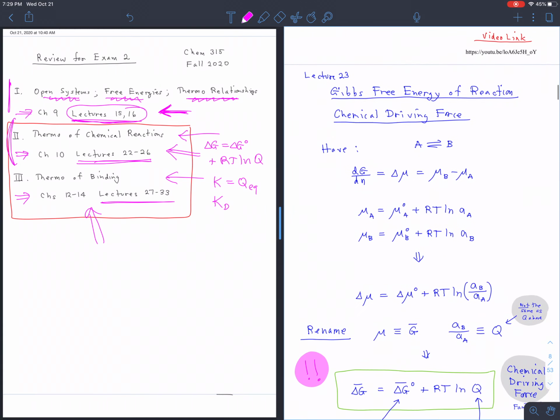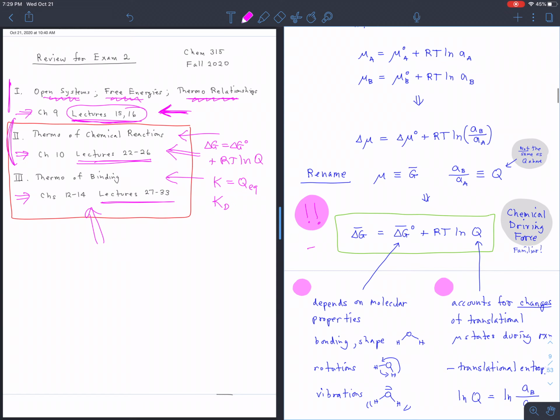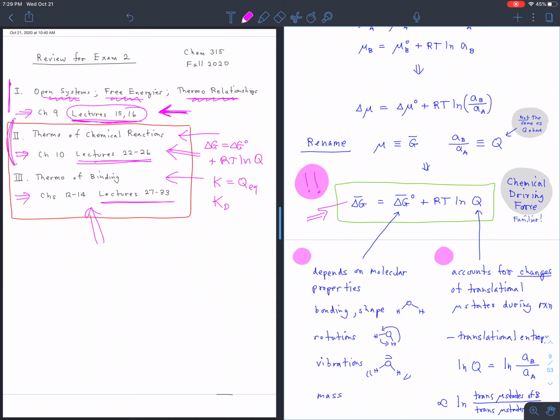The reason that's important, of course, is the very next thing is deriving our central equation here. This is the chemical driving force. It's really delta mu. I'm calling it delta G per mole, right? Delta G bar is per mole. But that's just a renaming of a chemical potential difference. And I rename it because that's the utterly traditional thing to do. Even out in the chemical literature where people should know better, they still call it delta G. I'm not sure what the historical reasons are for that, but I won't try to fight them.